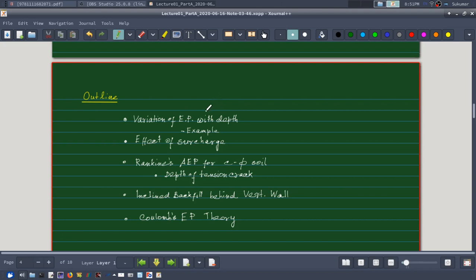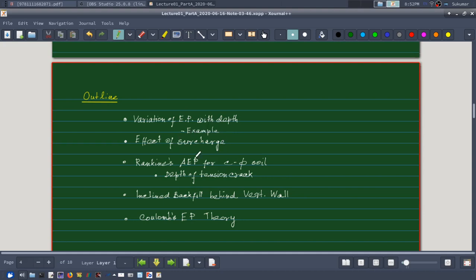Therefore the variation of earth pressure will be similar to the variation of vertical stress within a soil mass. We will also take up one simple example for that, and then we will study how the earth pressure changes due to presence of some surcharge load on the surface of the backfill.